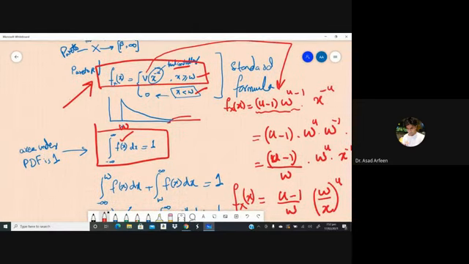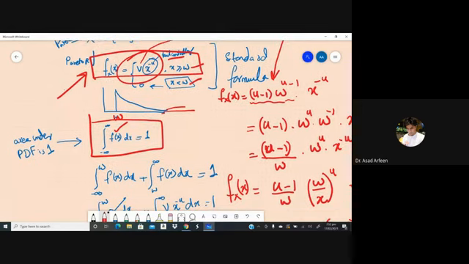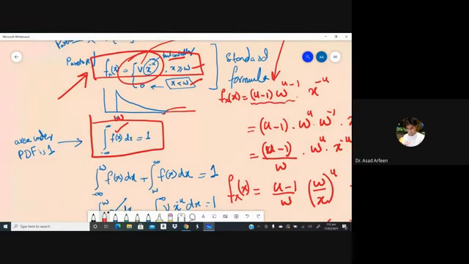And then you can see that we have two limits, because for values of the random variable less than w, the probability is 0, and for values greater than w, we have the power law behavior, because for values less than w there's no distribution, all the chances are zero.